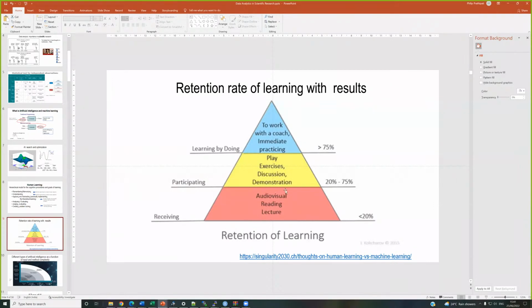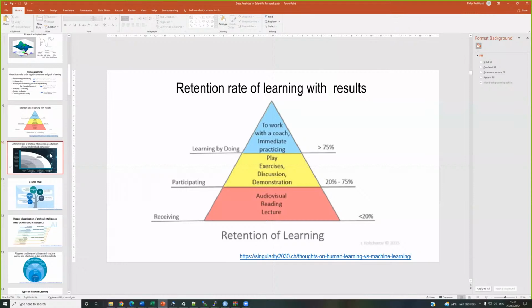As you know, humans learn best by doing, rather than just receiving, or sometimes even participating, like a discussion, a back and forth. Some machine learning methods mimic this. These are called reinforced learning, very advanced machine learning. These are able to make music and do very complicated tasks. They're learning by doing.